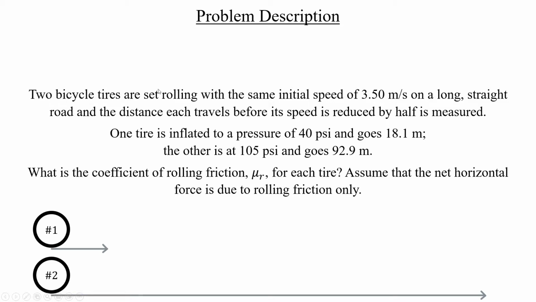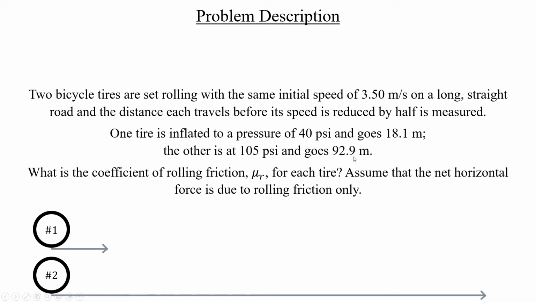Just a heads up. One tire, tire number one here, is inflated to 40 psi, and the distance that it travels is 18.1 meters. And then for tire number two, we are inflating that to 105 psi, and it travels a significantly longer distance, 92.9 meters.